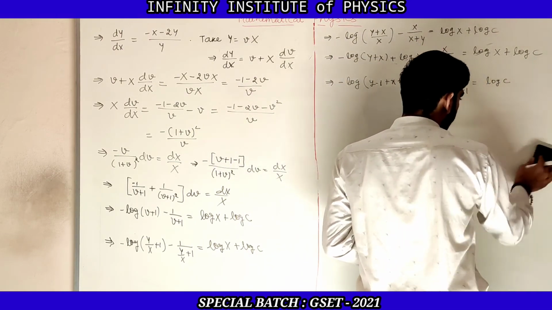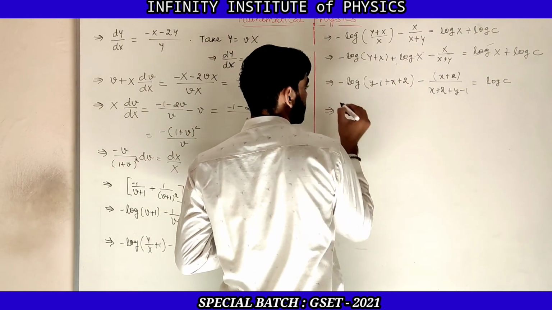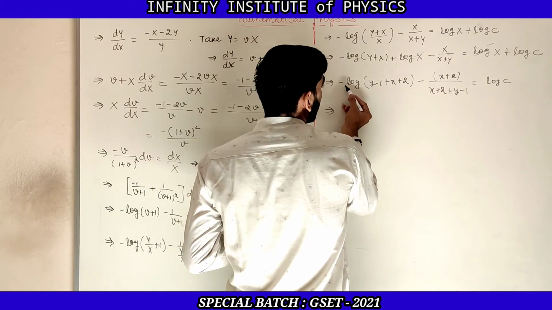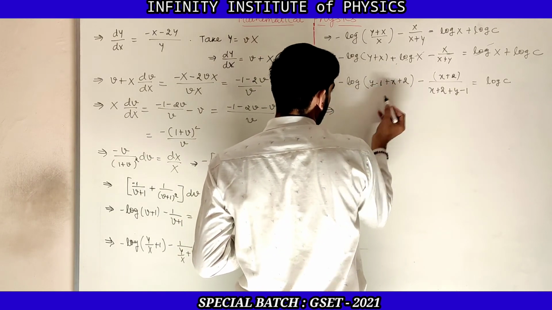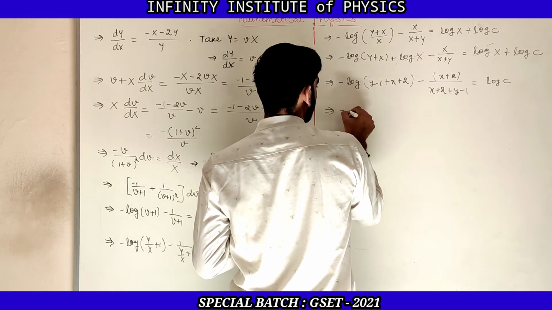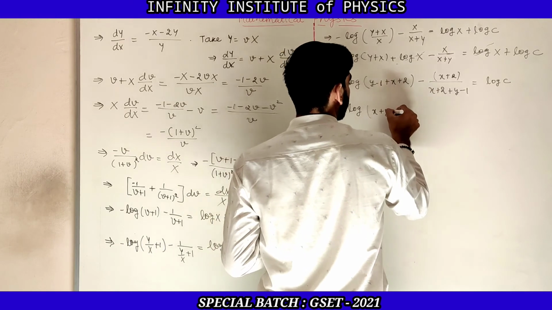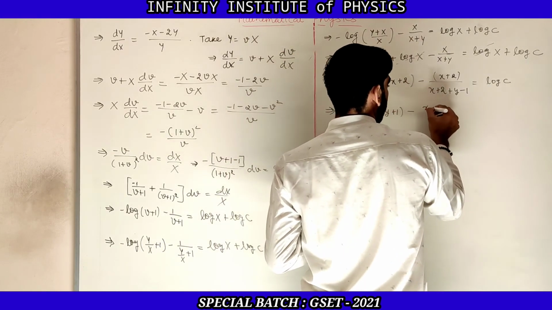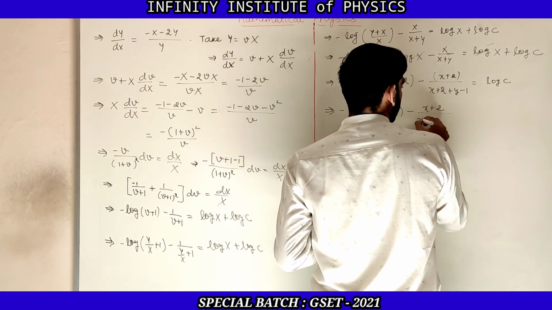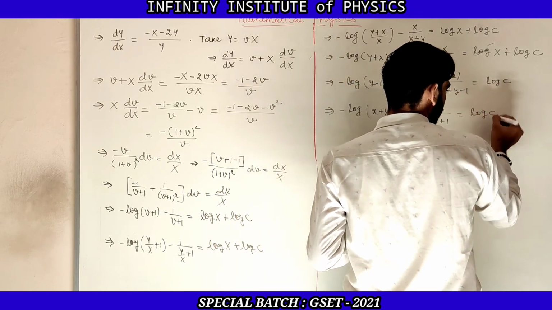Okay, so now I am removing this, and now this is y plus x, minus 2 plus minus 1 plus 2, so it is plus 1, so it is minus of log of (x plus y plus 1) minus (x plus 2) upon (x plus y plus 1), which is equal to log c.